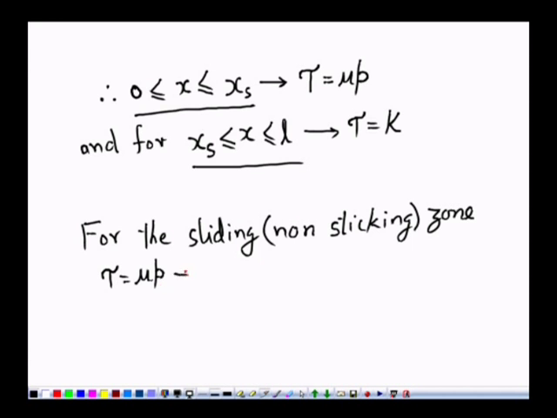Now just put this value in our earlier expression, dP is equal to 2 tau upon h into dx.